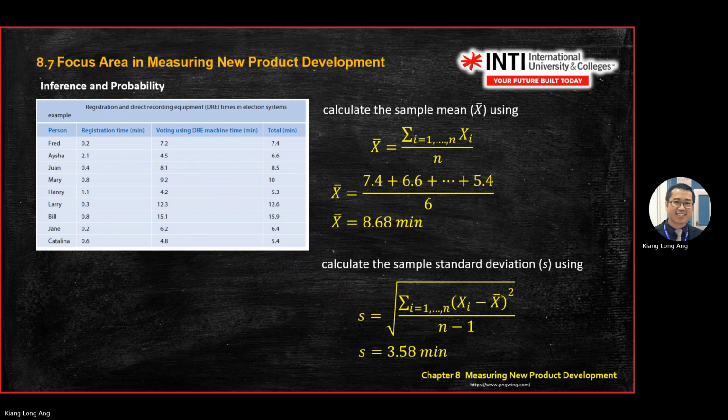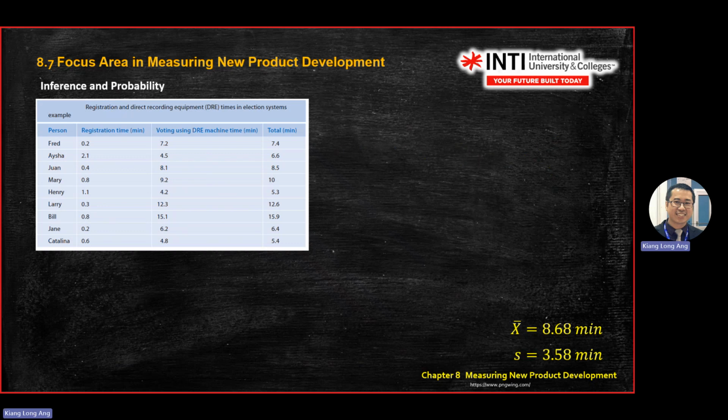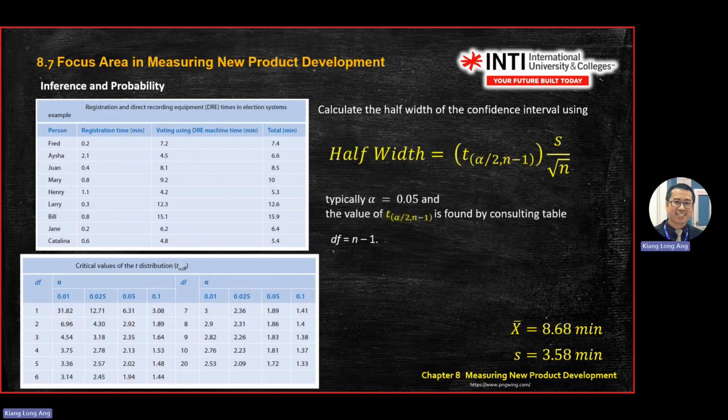It's just a revision. In statistics, you also learn something about half wave and full wave and so on. But I won't ask you this one in your assessment. This is just a revision, right?